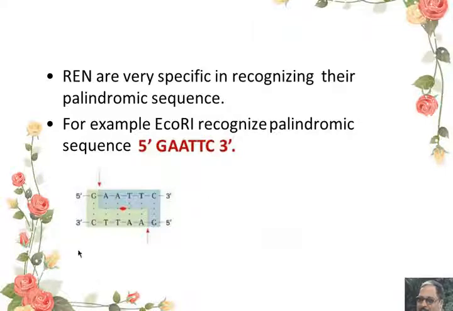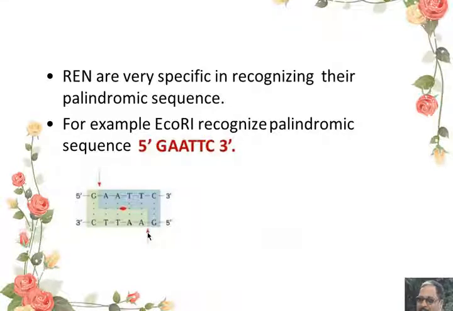So this palindromic sequence is identified by the restriction endonuclease enzyme EcoRI, and it cuts the DNA between the G and A nucleotides, that is the phosphodiester bond between G and A from 5' in the forward direction and the 5' in the backward direction.